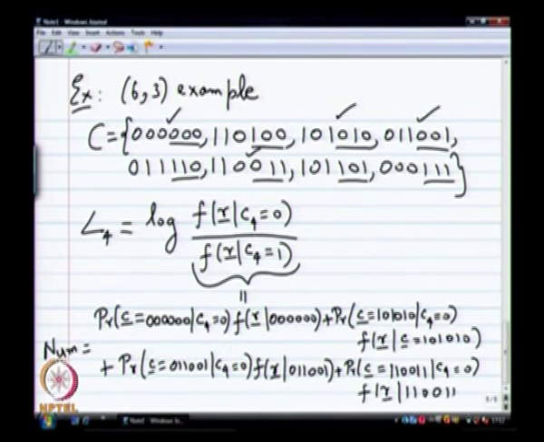So, this is how the numerator will look, and each of these terms will have probability 1 by 4.